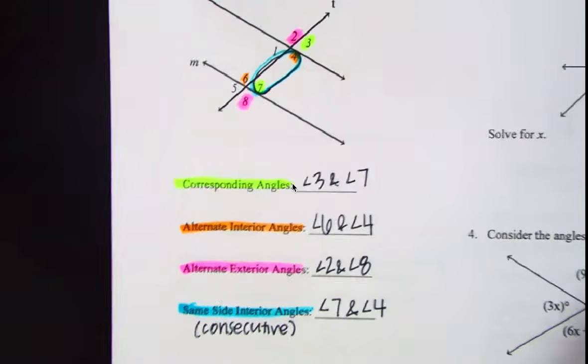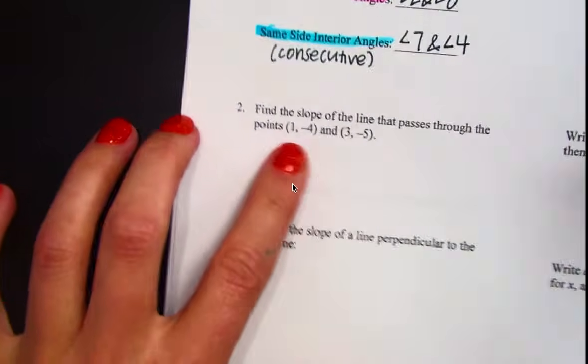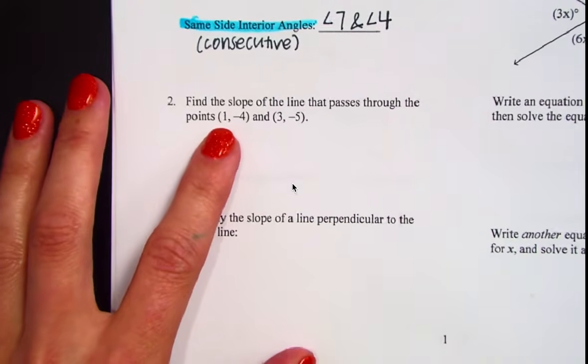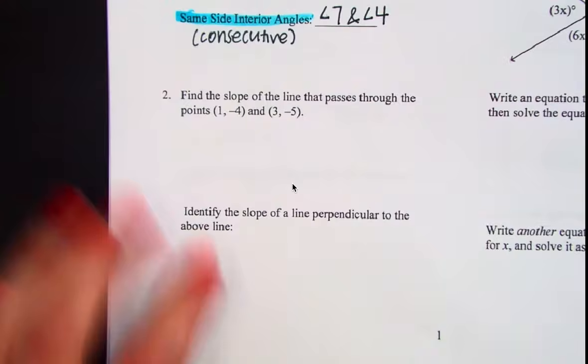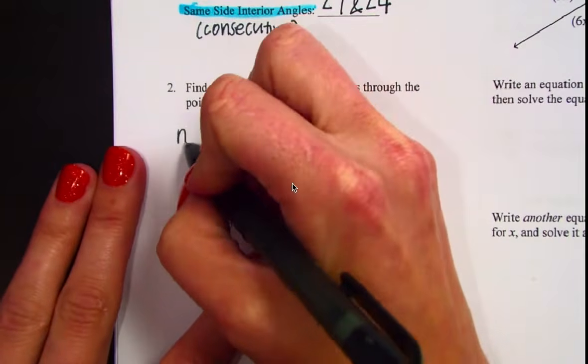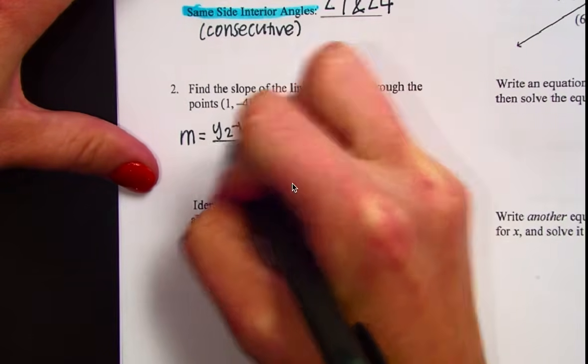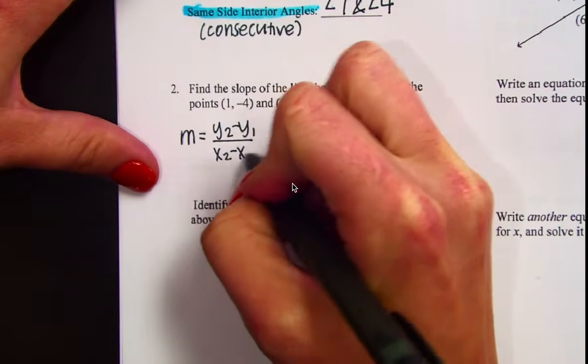Number 2, we're going to find the slope of the line that passes through the points (1, -4) and (3, -5). So to do that, we're going to be using the slope formula. My slope is equal to y2 minus y sub 1 over x2 minus x sub 1.